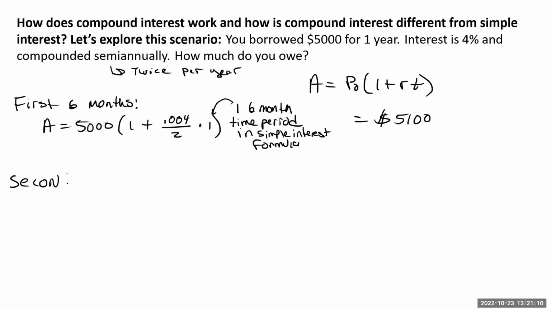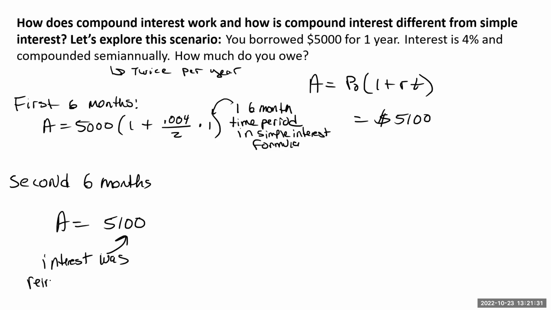Again, the interest is reinvested, so now my P sub 0 is not 5,000, it's 5,100. This is where the interest was reinvested and added to the total. So we have 5,100 times 1 plus 0.04 over 2 times 1, just like we had above.